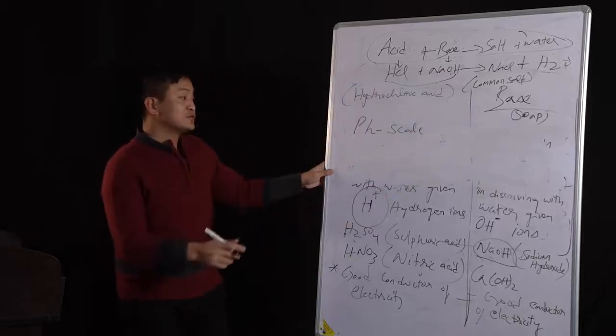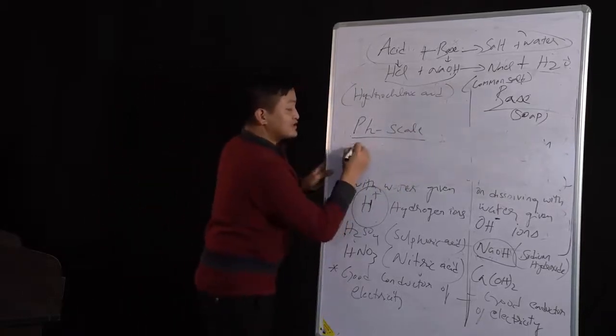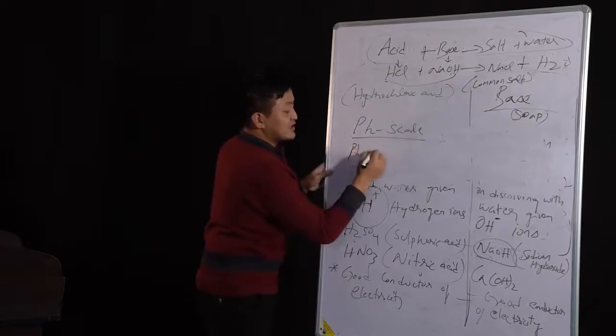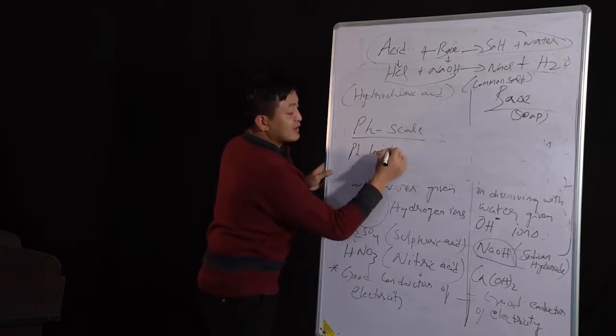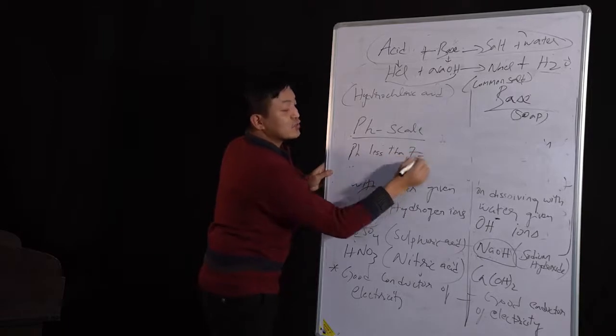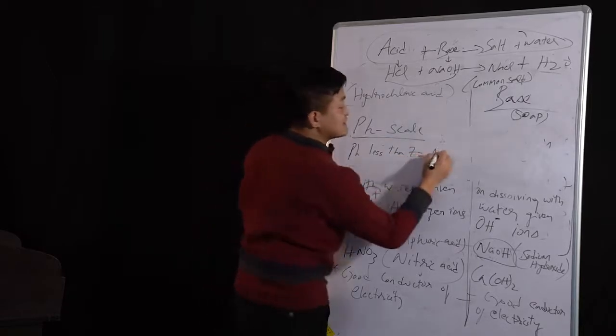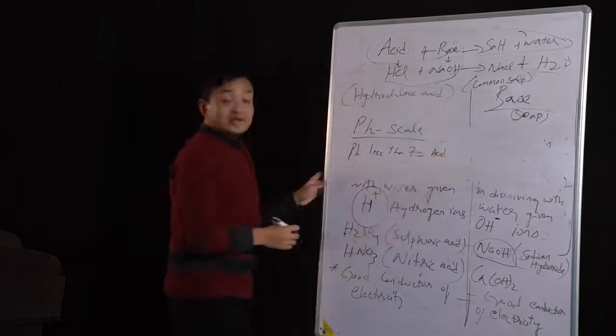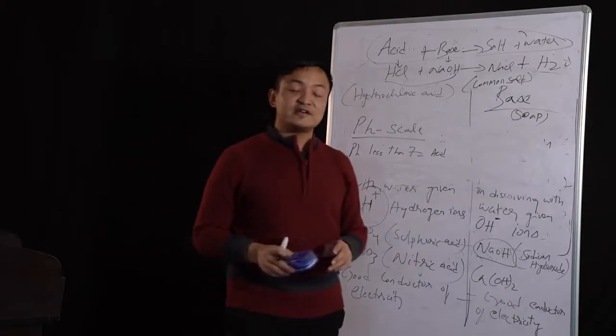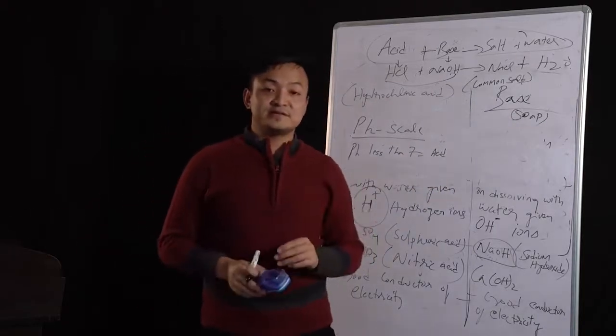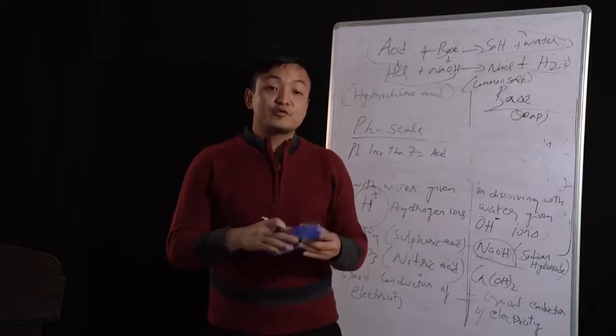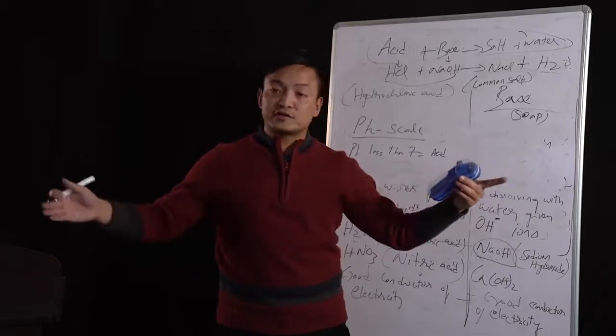But what I want to say today is pH less than 7 is known as acid. And pH greater than 7 is base. Clear? The pH scale we have from 1 till 14.